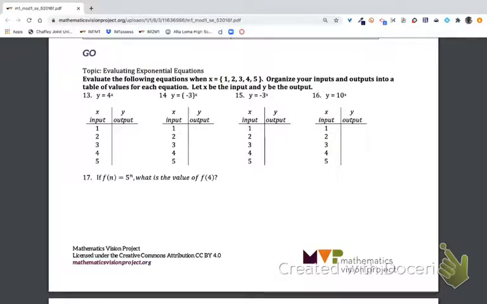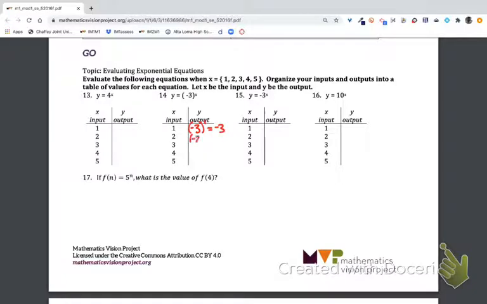So for number 14, we have y equals (-3) to the x power. So we would be looking at (-3) to the first power, which is -3.